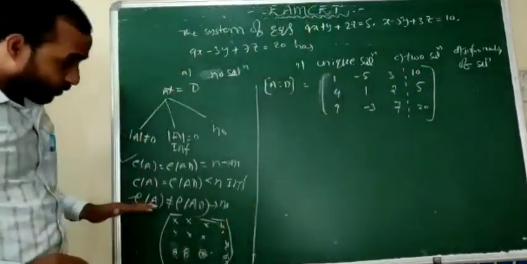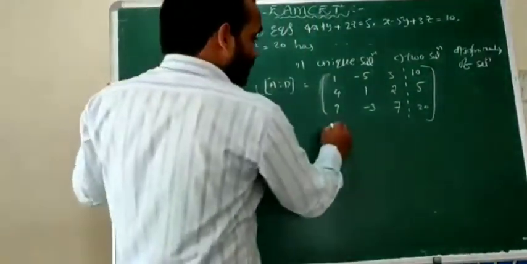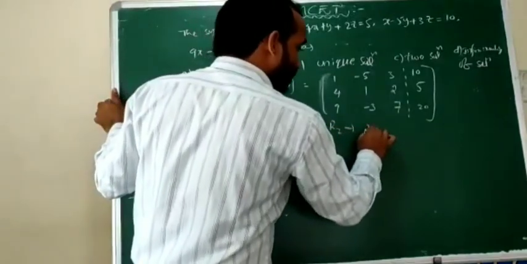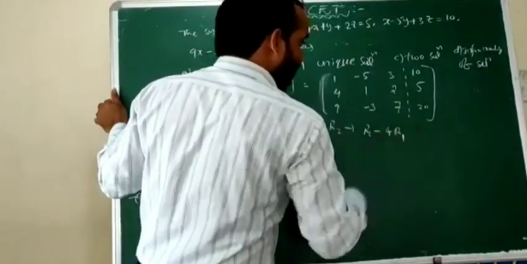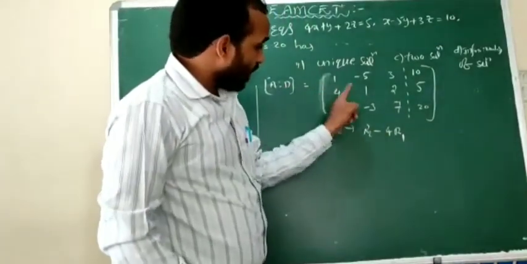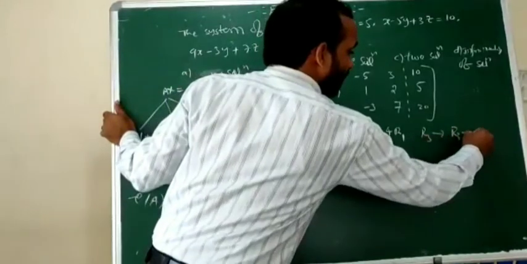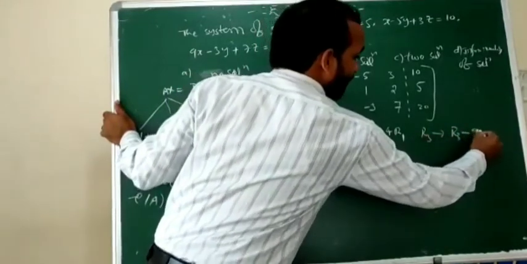This is a case you have to remember, which case we can apply. So first of all, your primary duty: R2 tends to R2 minus 4R1, because here is a 4, and to get 0, you multiply 4R1. Next, R3 tends to R3 minus 9R1.